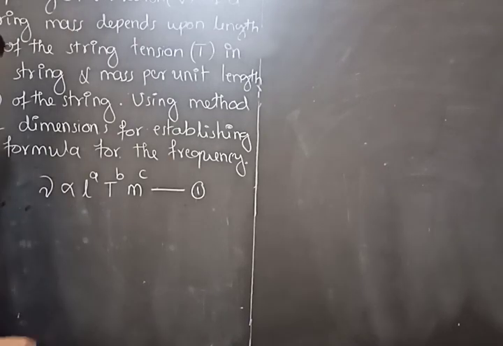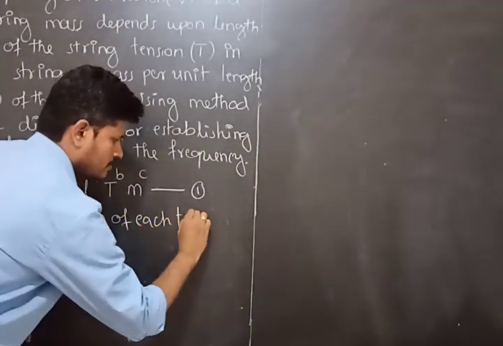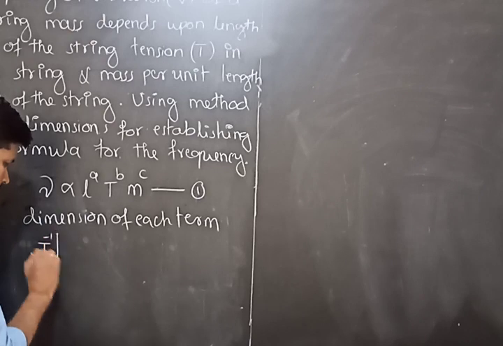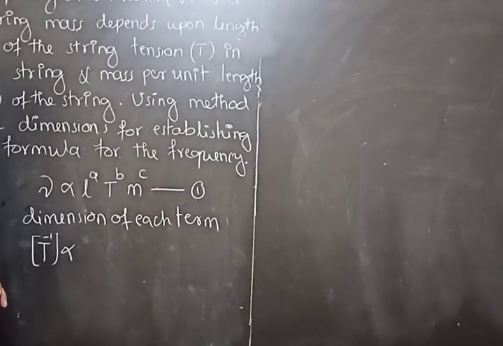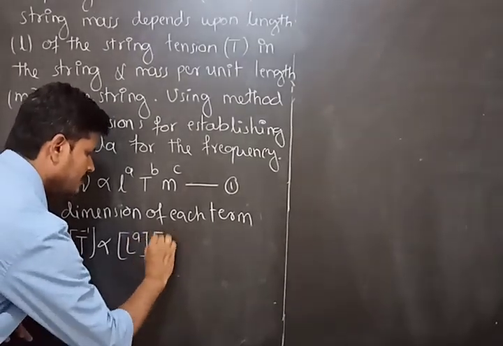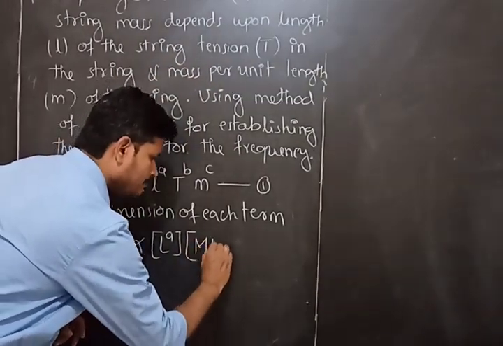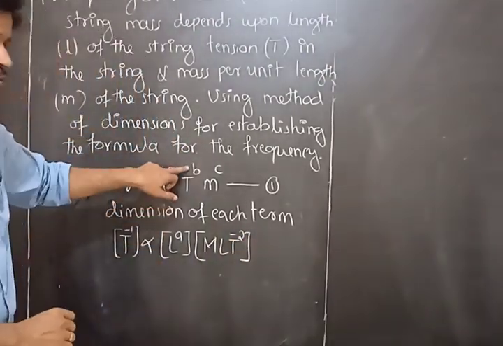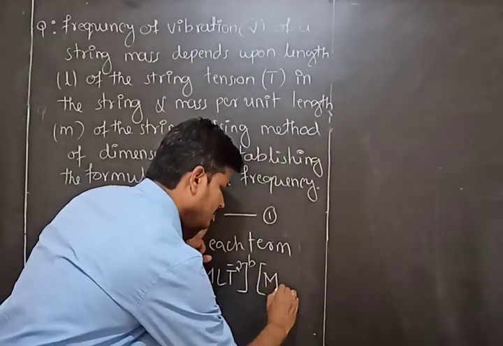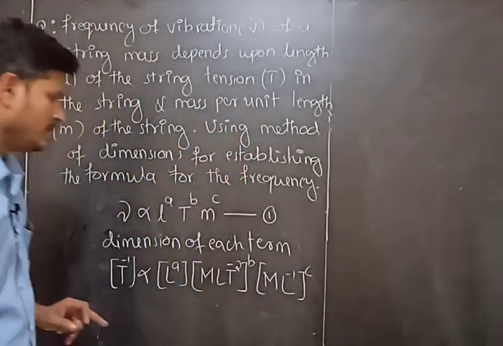Next, write down the dimensions of each term. First, frequency: dimensions T raised to minus 1 is proportional to length, L raised to A. Next, tension is nothing but force, whose dimensional formula is M L T raised to minus 2, whole raised to B. Next, mass per unit length, M per length, that means L raised to minus 1, whole raised to C. Now simplify this.